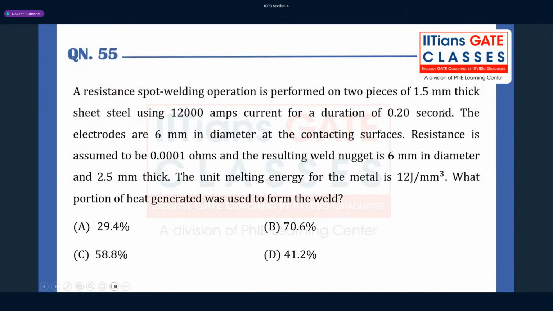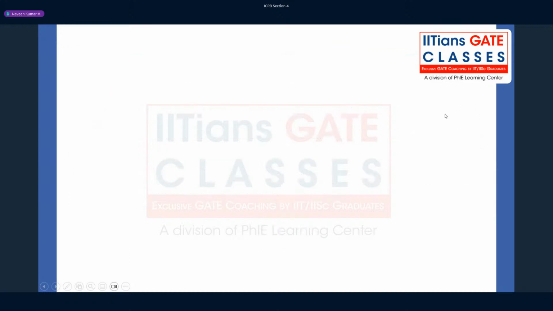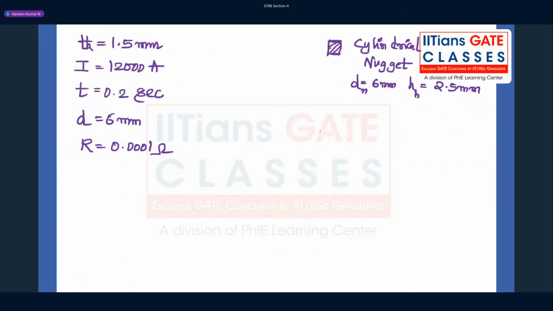The unit melting energy for the metal, the energy for 1 unit of melting, is 12 joule per mm.